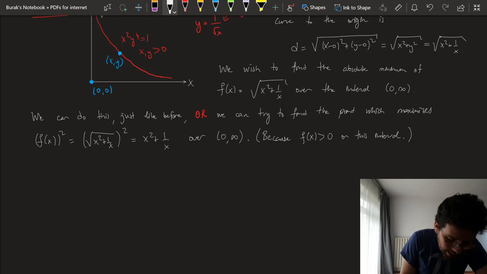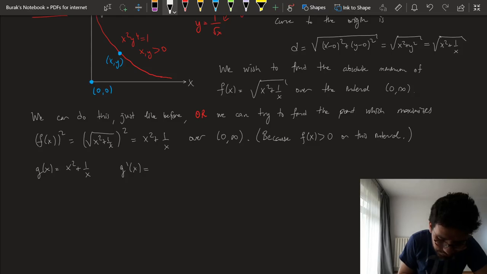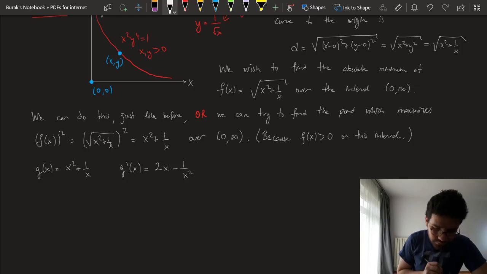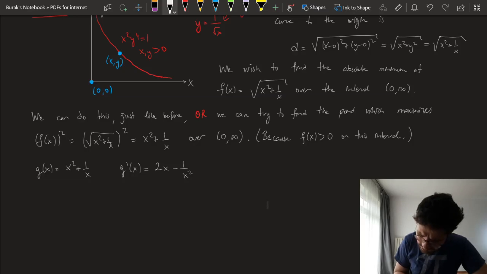So let's call this g, and let's take the derivative of this. It will give you 2x minus 1 over x squared. Let's set this to 0.